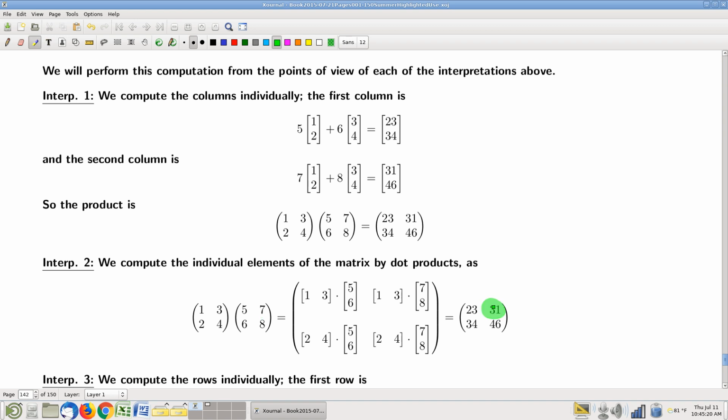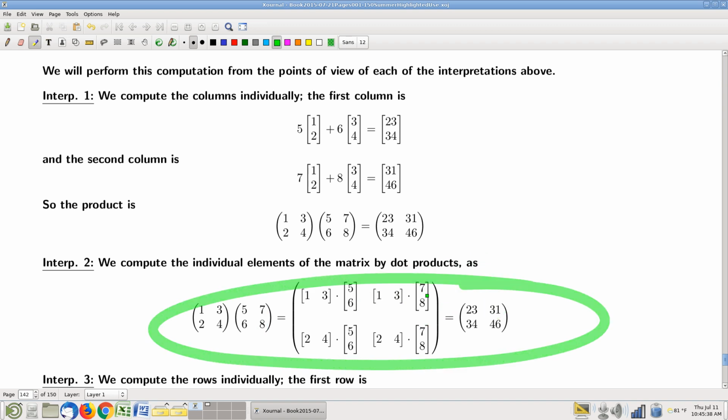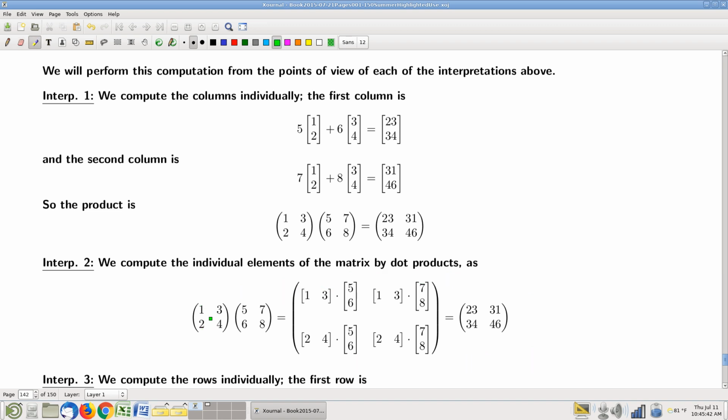This element, top right, we're going to take the top row and the right column, and that dot product gives us that, etc. Computationally, this has an appeal because I can do the dot products in my head. I can see the corresponding rows here. I can see the corresponding columns, and I can just look and see, oh yeah, 1 times 7 plus 3 times 8, and bam.